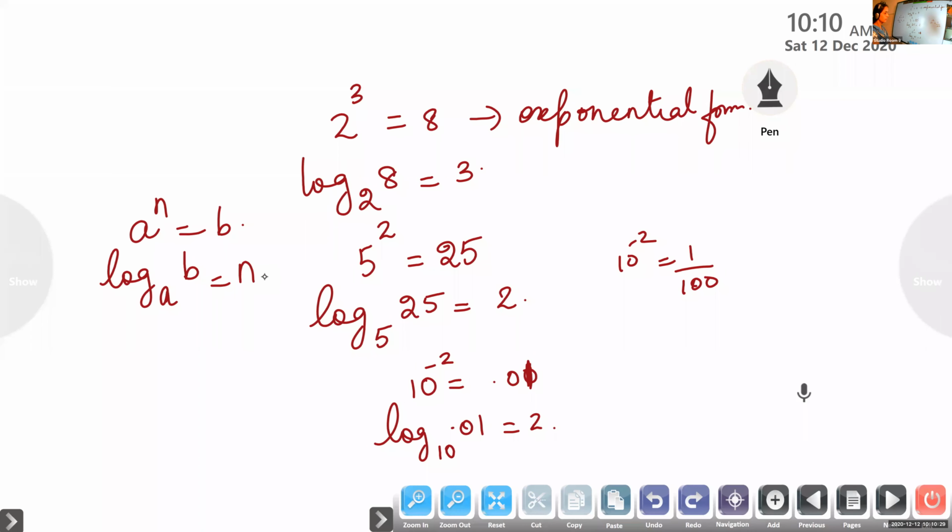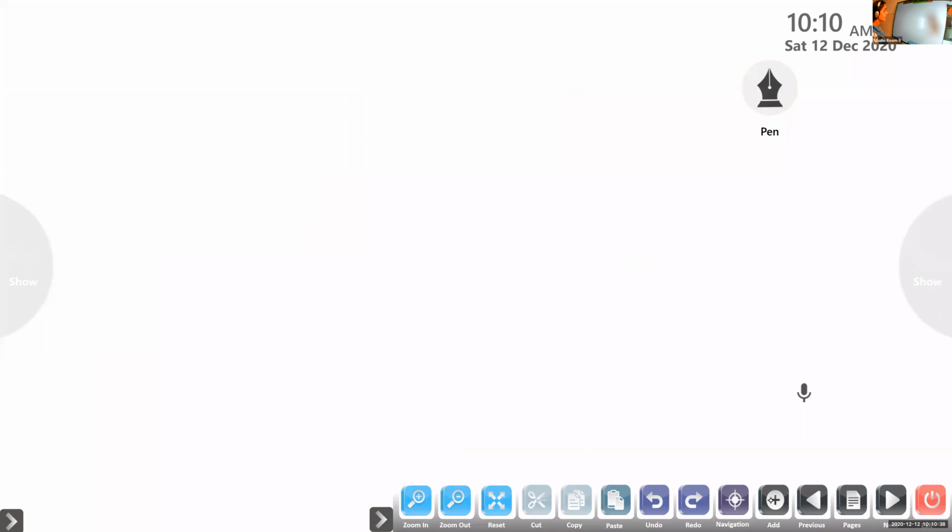Okay, children, now I will give some exponential forms. We have to give the corresponding logarithmic form.